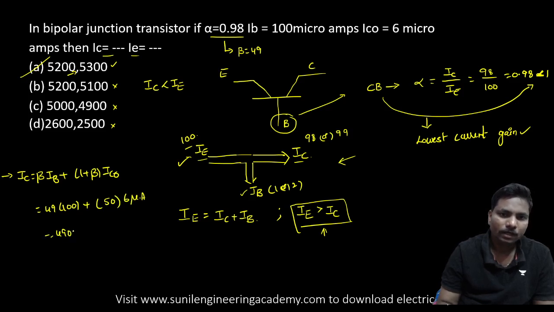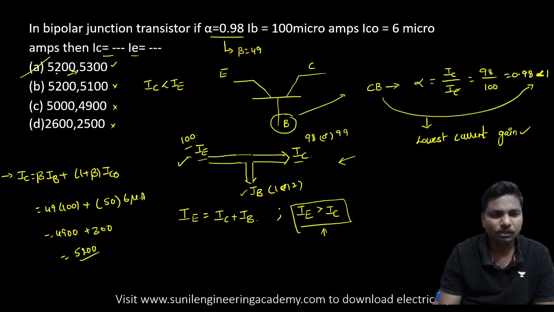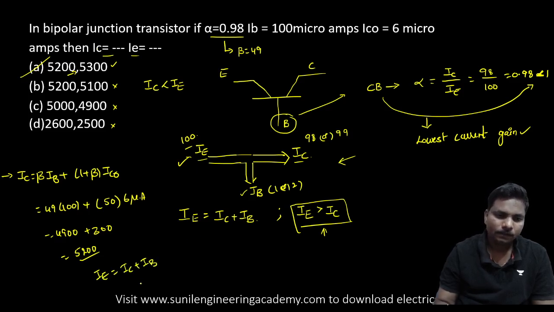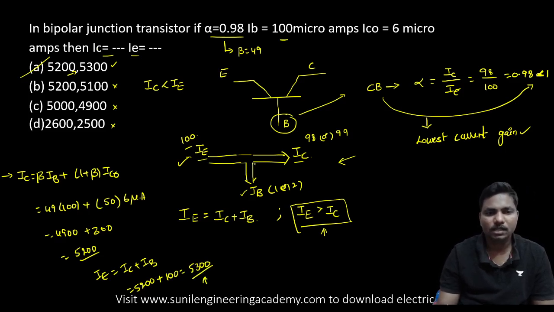So 4900 microamps plus 300, total 5200. So IC is 5200 and IE is equal to IC plus IB, so 5200 plus 100, 5300. But no need to do all this. Just go with the logic, then you can easily get the answer.